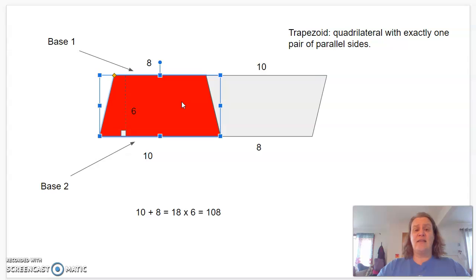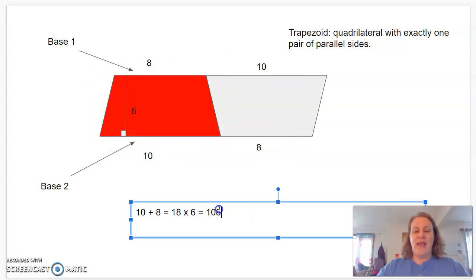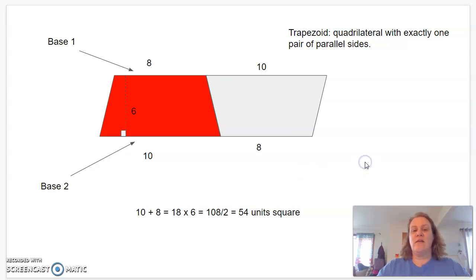Since that's exactly half of the big parallelogram, we can take half of 108, or divide 108 by 2, and that's going to give us 54 units squared, or square units. So that's the area of this red trapezoid.